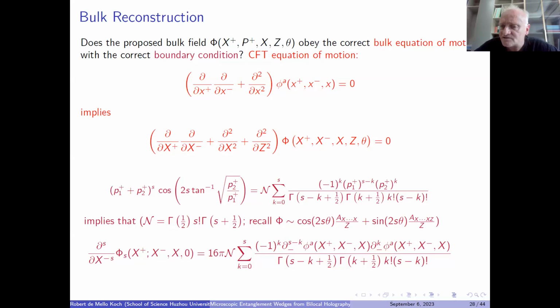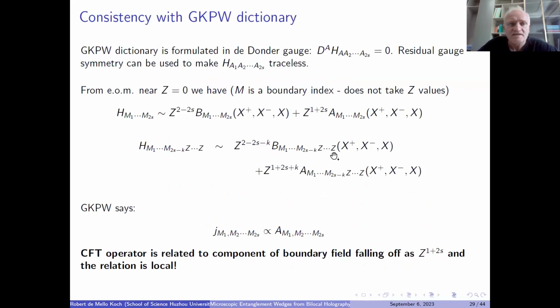But actually, this doesn't quite look like the GKPW dictionary. If you remember, GKPW is formulated in de Donder gauge. The residual symmetry of de Donder gauge allows you to require that the high spin fields are traceless and not just double traceless. Once you solve the equation of motion and you study how the solution behaves near z equal to 0, we find that there's a non-normalizable solution B and a normalizable solution A. And the fall off in z of the normalizable solution depends on how many of the polarizations of the field are along the z direction.